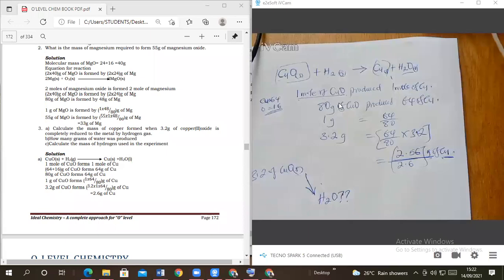Copper oxide is given. The one of water is the one you're supposed to look at. Then what does 3.2 grams of copper oxide produce? Is that one hard? Wendy, try. Please work fast. Time is going.